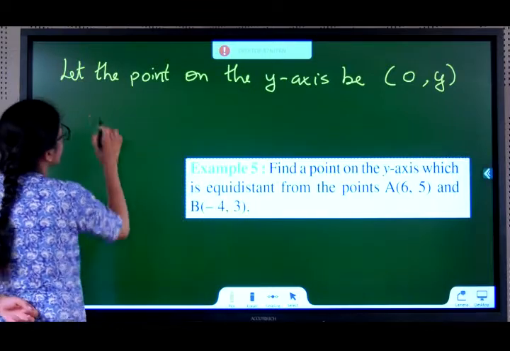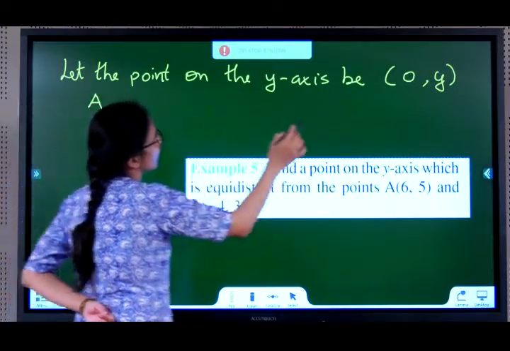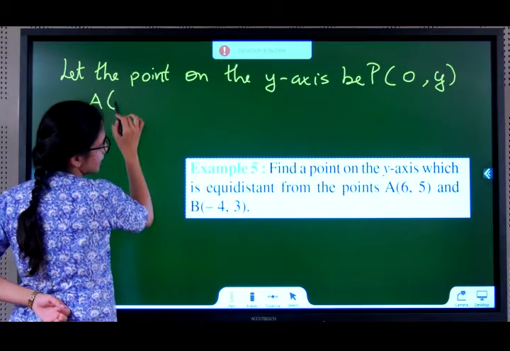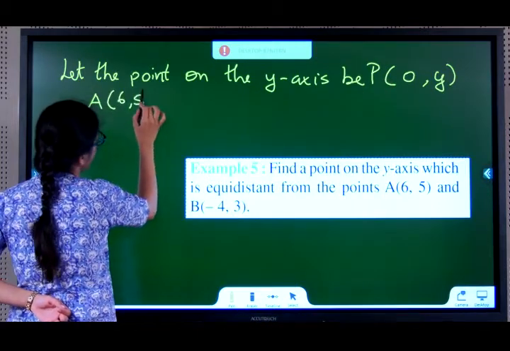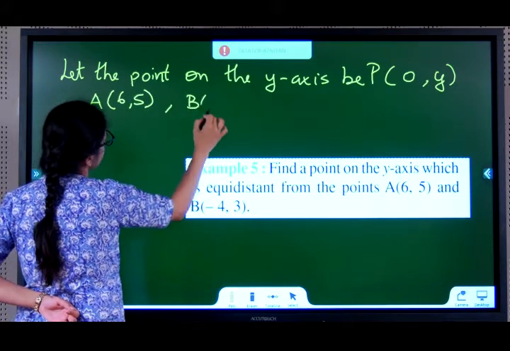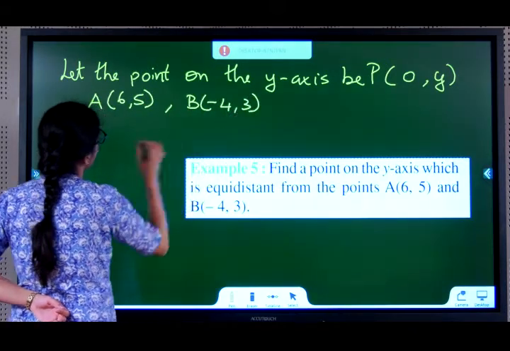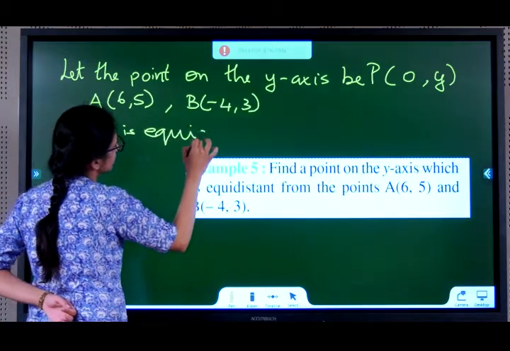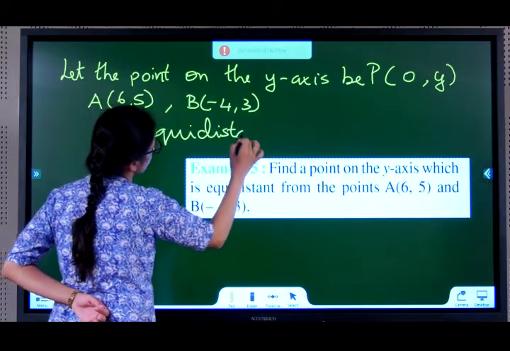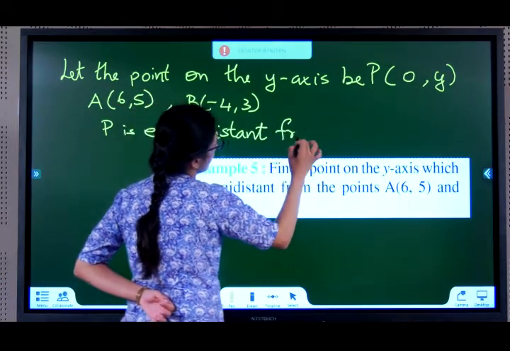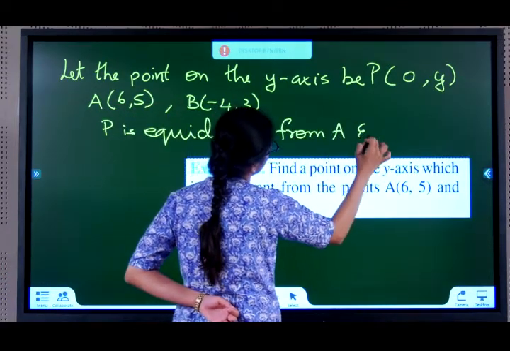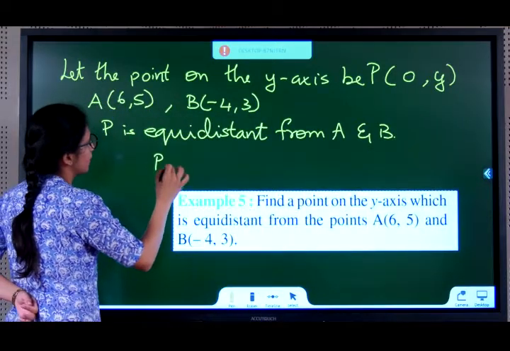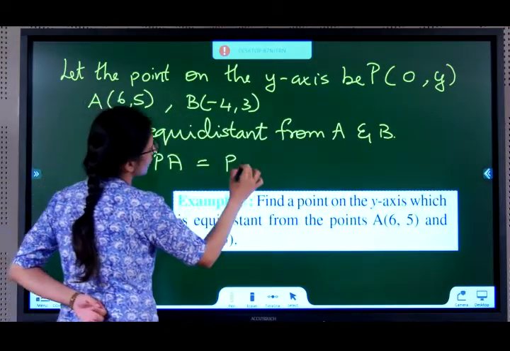And let's say this point is called P. They have given A is 6, 5 and B is minus 4, 3. They have given P is equidistant from A and B. Therefore, what can I say? PA is equal to PB.